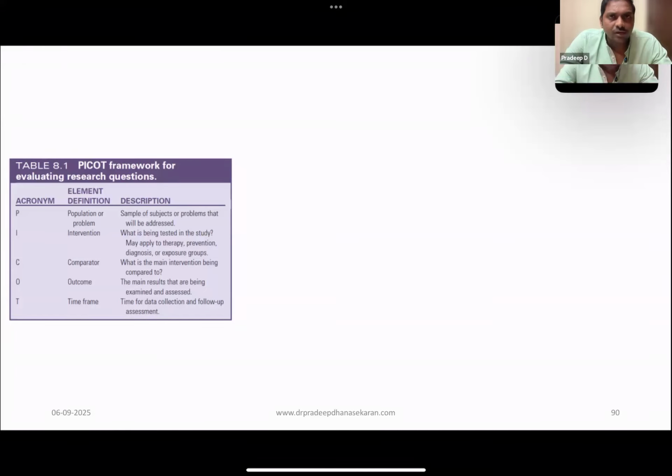Intervention, what intervention you are going to do in this study, and what control you are comparing it to, and what is the outcome you are expecting, and what is the time frame. Everything should be acceptable and generalizable. Only then will the research question be a complete one, or else that research question might answer a part of the question but will generate a lot of new research questions. So you always use this framework to have an ideal study.